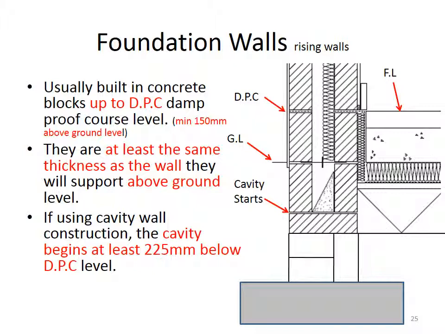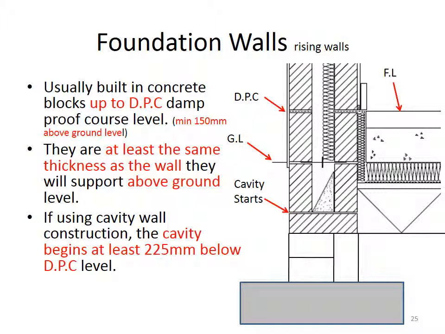They are at least the same thickness as the wall that's going to be supported up above the ground level. So sometimes they're thicker depending on the actual size and type of wall, but they have to be at least the same thickness as the wall it's going to support up above. And they're usually solid all the way up, unless we're going to be building a cavity wall construction where we have an outer leaf, an inner leaf, and then a gap of 100 or 150 mil in between them.